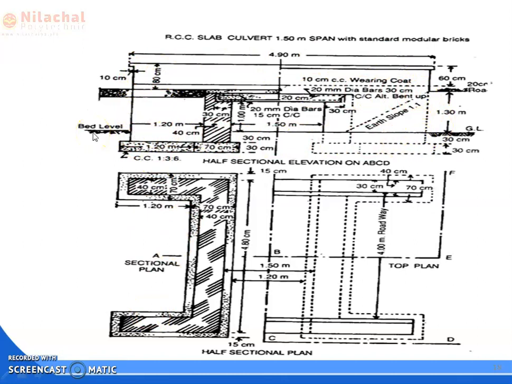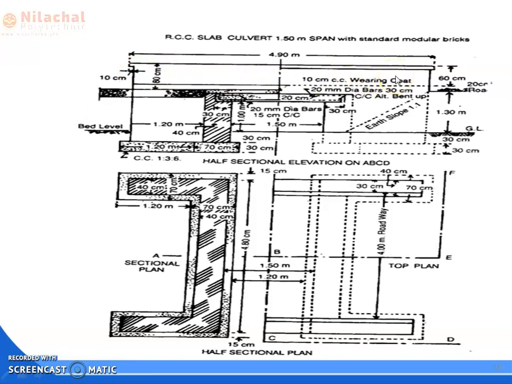The face wall is considered from the cement concrete to this part, or we can say from this point to the end of this part. We can consider that as the face wall.